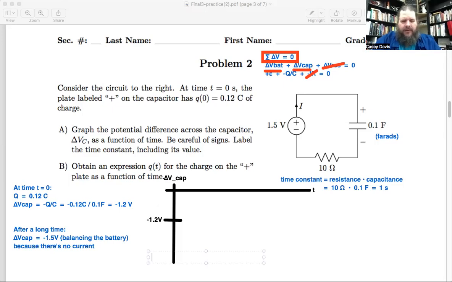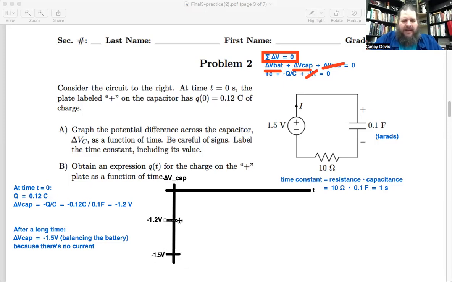So let's mark that on our graph as well. We now at least know the starting value and the asymptote.